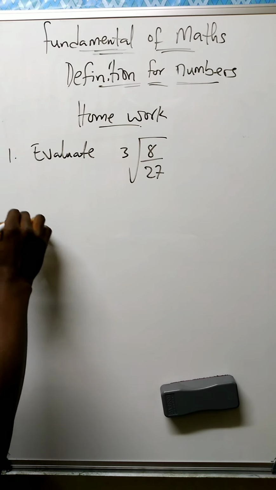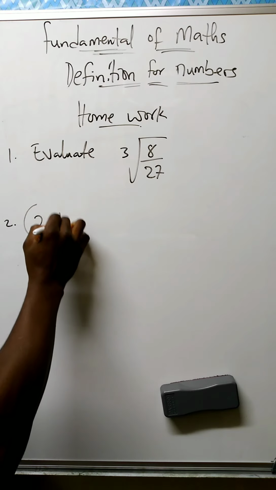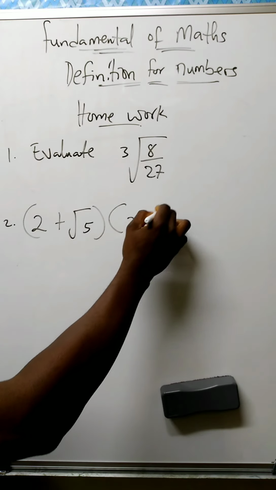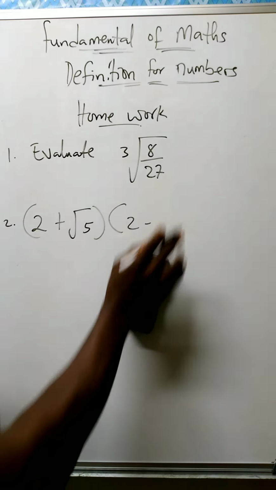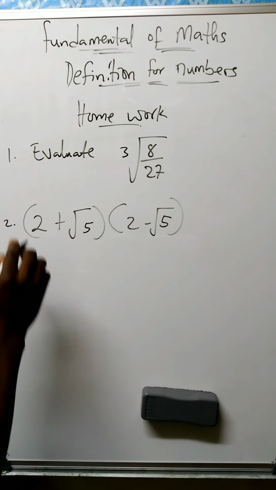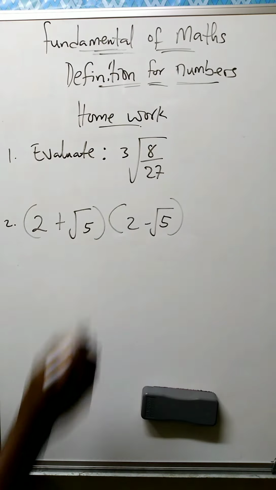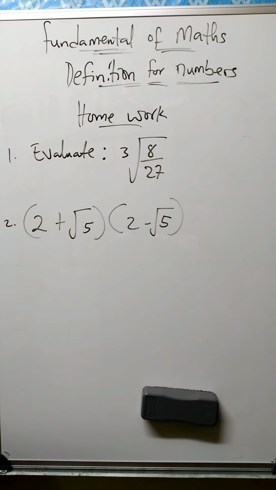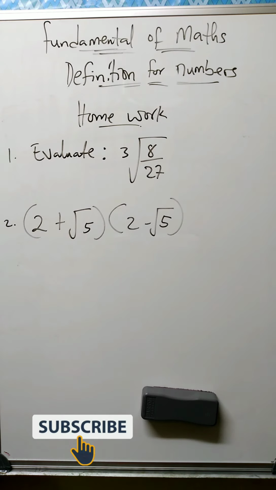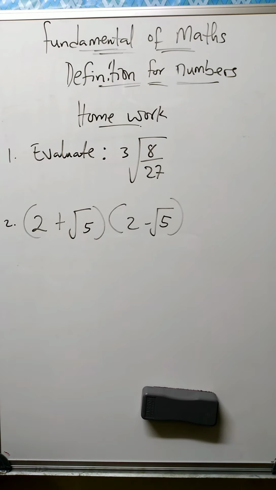And also number 2, we have 2 root 5 bracket 2 minus root 5. So please let us try this at home, and you can send us your solution to be ascertained if you are right or wrong. And we also expect comments on things that are going to help us in making some of these videos better for the viewers.